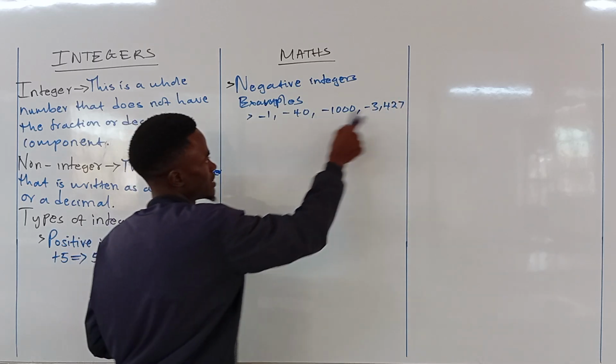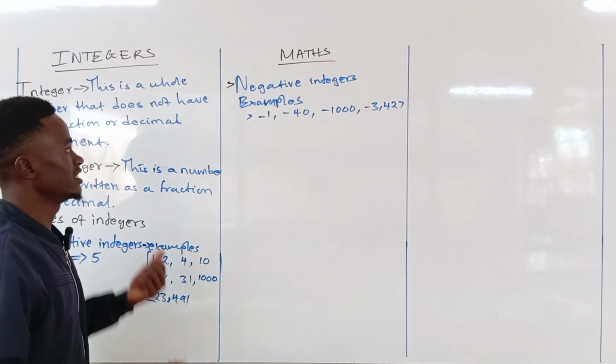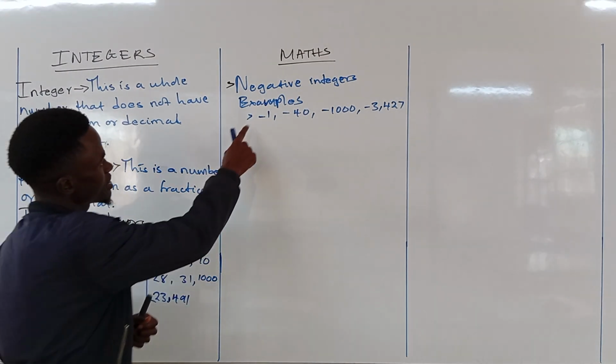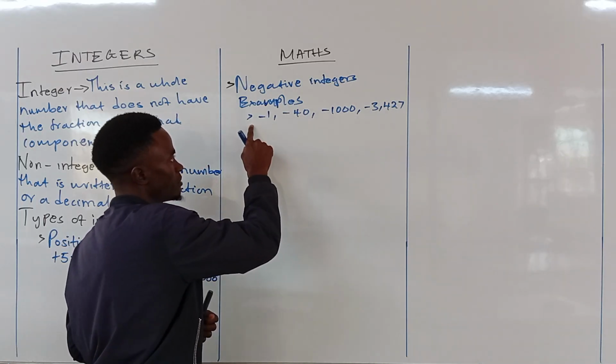All of these are just negative numbers and they are integers, because within this set of numbers, you do not have a number that is in a fraction, a number that is in what?